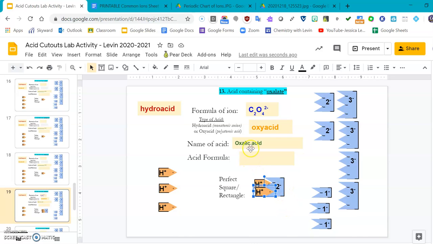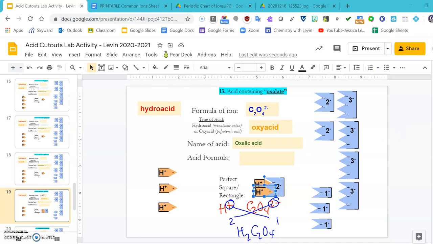So if I have two of my H pluses, it's that same crisscross method we have been doing before. I'm going to need two H's and one oxalate. H2C2O4 is going to be my oxalic acid.